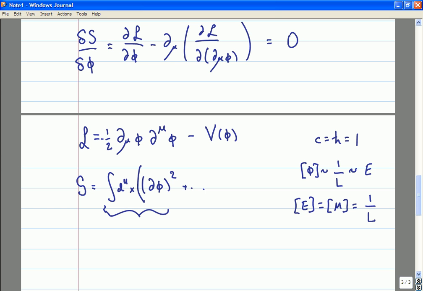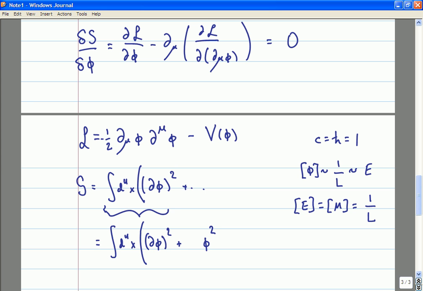So, for example, if you wish to write down various other terms that will appear in this theory, there will be one term in the potential which goes like phi squared, and its coefficient has to have dimensions of 1 over length, which is to say energy, which is to say mass.